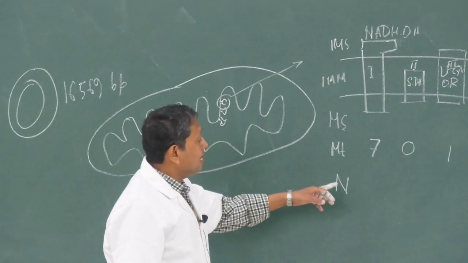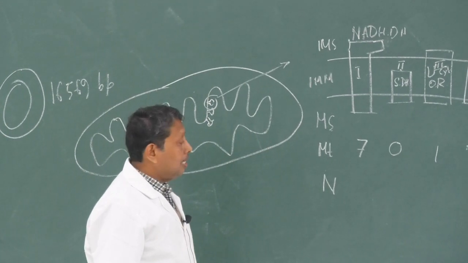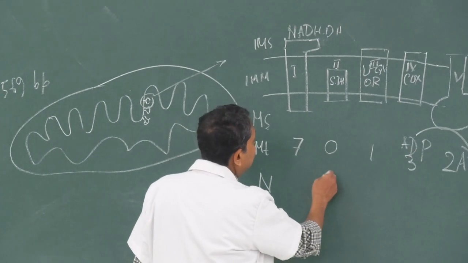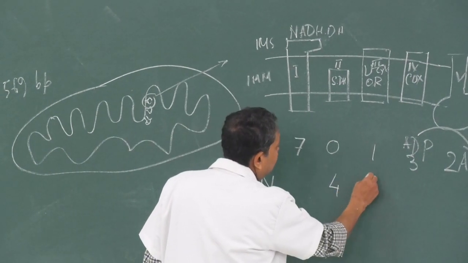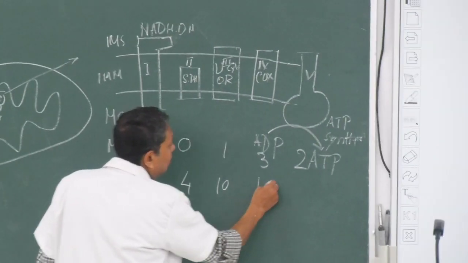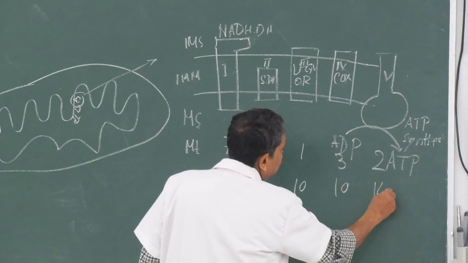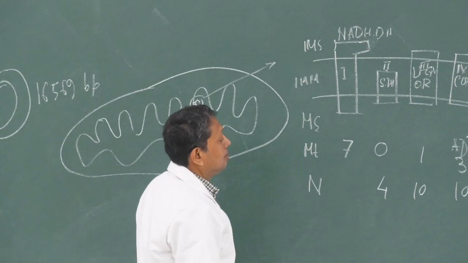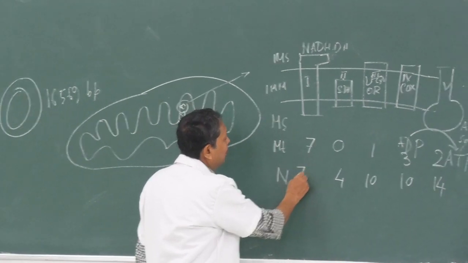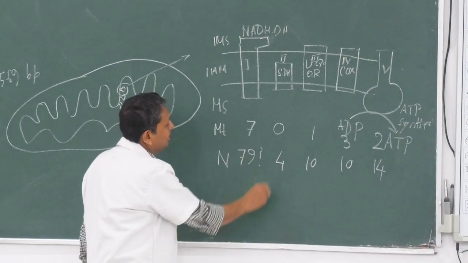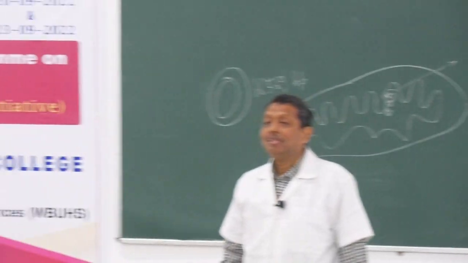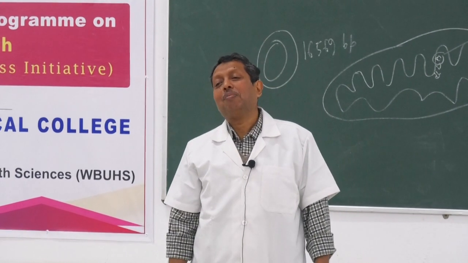And in this case the nuclear contribution is much more, suppose 4, 10, and 14. I cannot remember everything. Probably it is 79. You will consult the text for the accurate value.